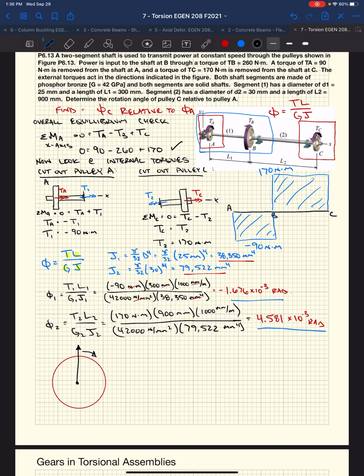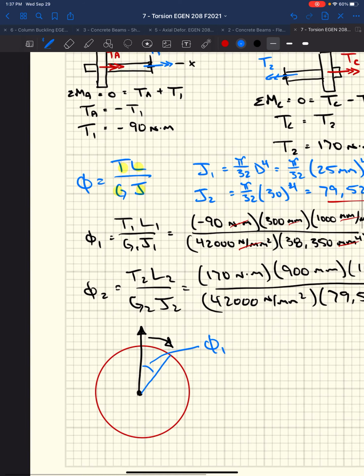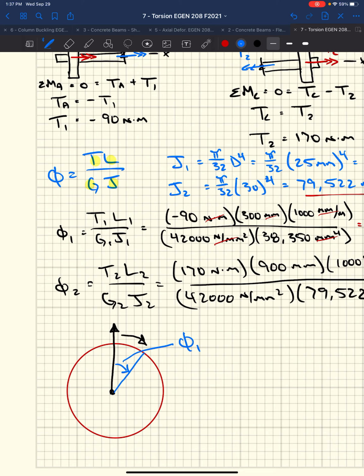So we're going to rotate over this phi1, this rotation angle 1 as we go from A to B, and as we back up and look at the end of the shaft, it's slowly rotating more and more until we get to B.